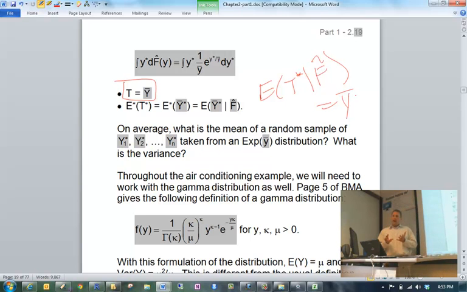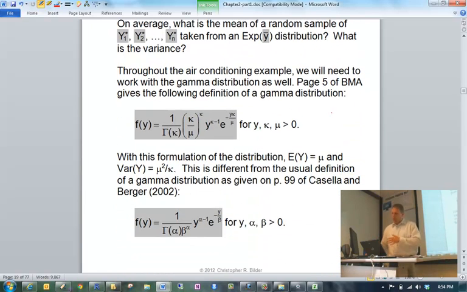Now note that y bar, or T, has in it a sum of exponentials. You know from, again, Casella and Berger, section 8.2-8.3, that the sum of independent exponentials is gamma. In our book, we're going to have to do a lot with gamma distributions here. And unfortunately, our book has a weird parameterization of the gamma.